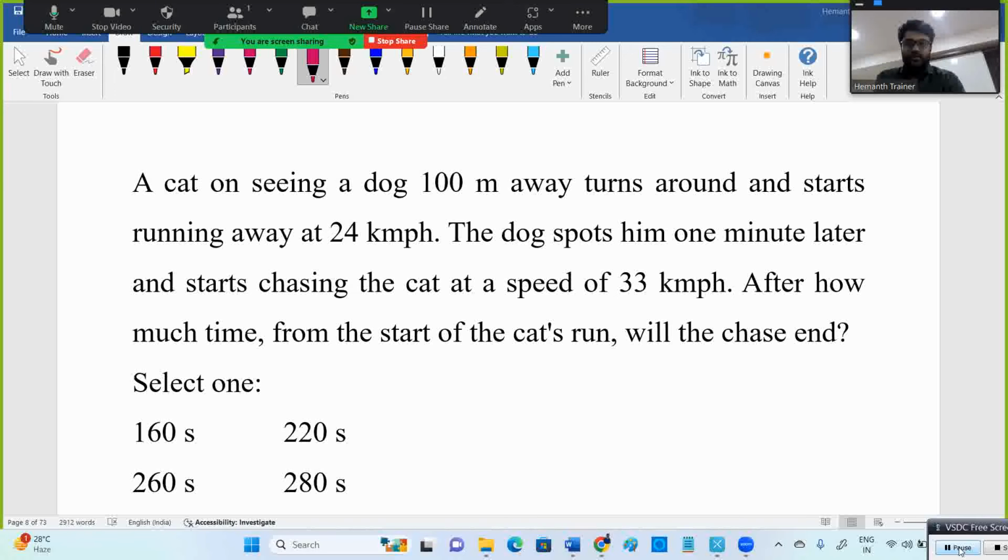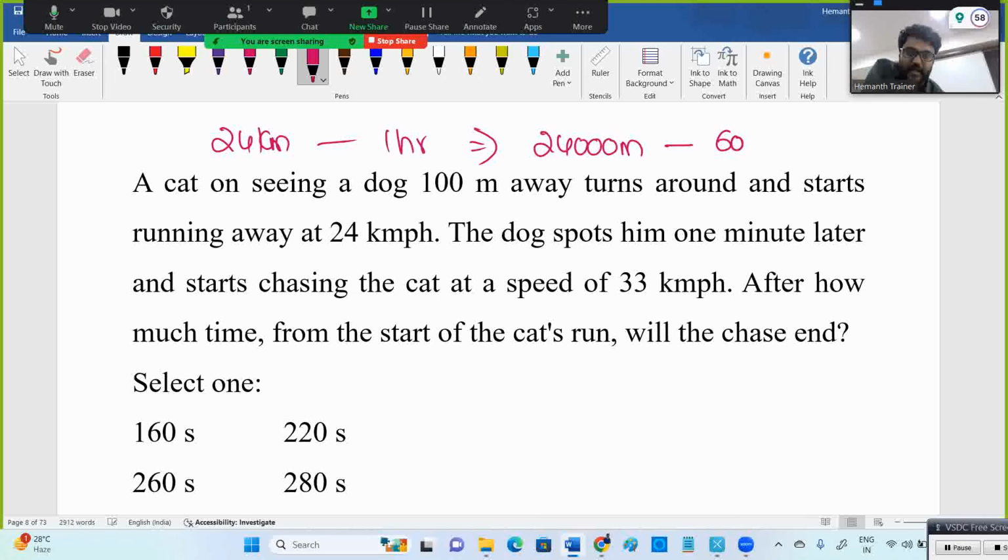So the cat's speed is how much they gave? 24 kilometers it travels in 1 hour. So 24 kilometers means 24,000 meters. 1 hour means 60 minutes, right? Here they're asking in 1 minute how much distance. So in 60 minutes it will travel this much.